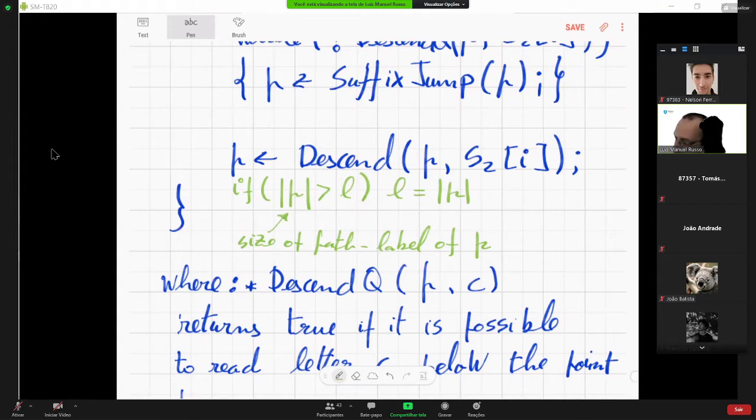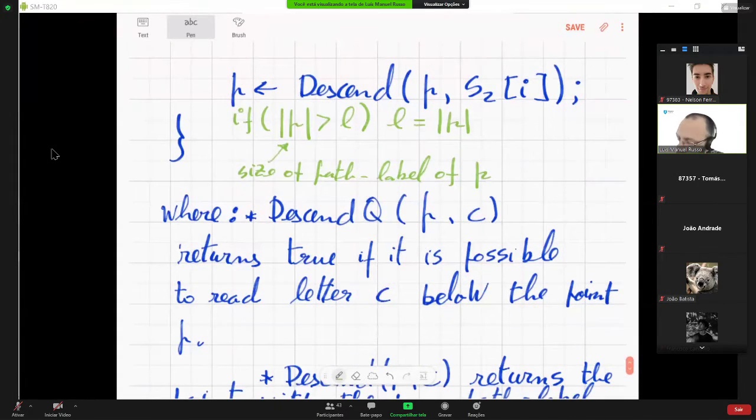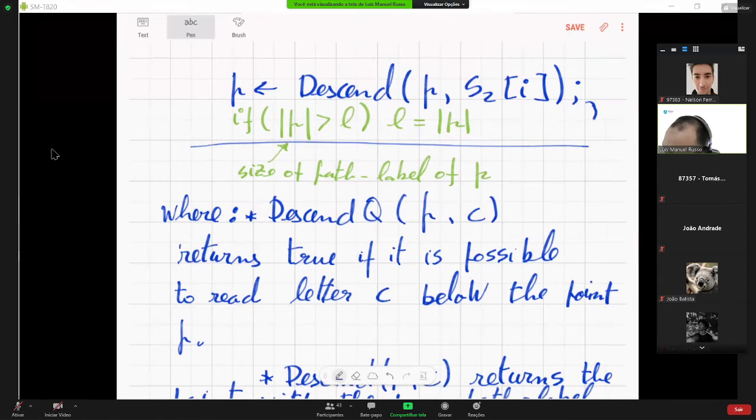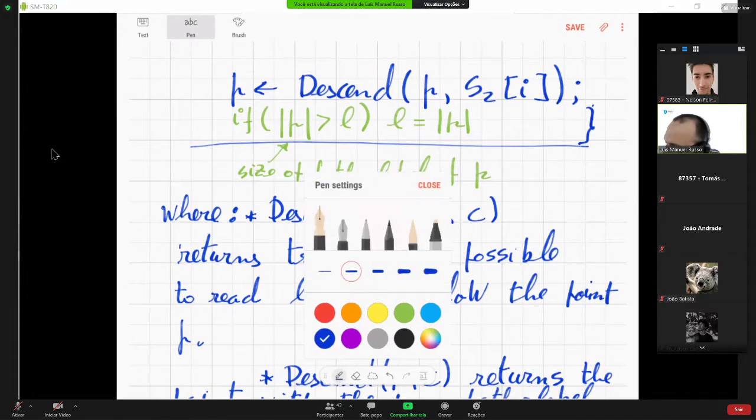And in the end, I can just return L. So I just changed the skeleton a little bit.